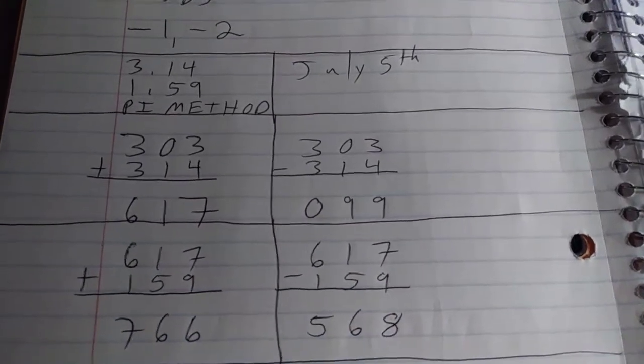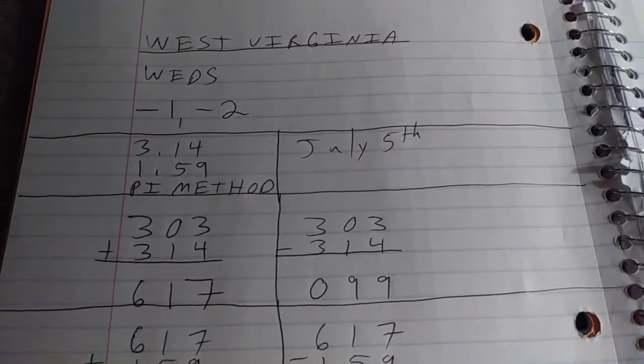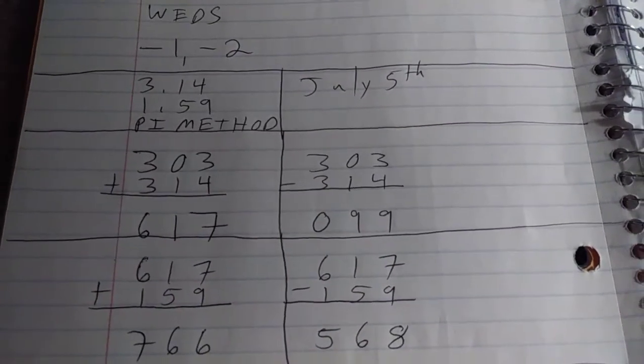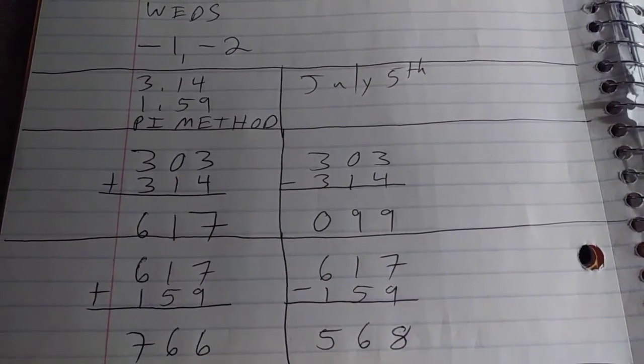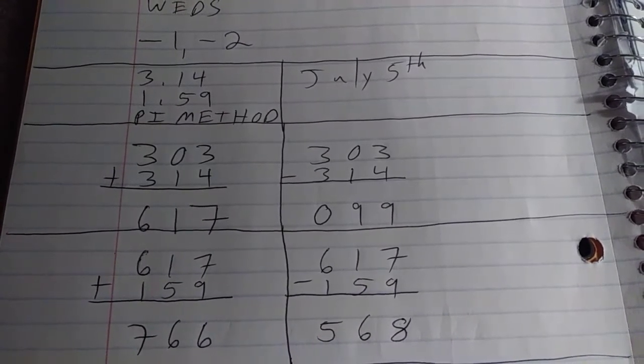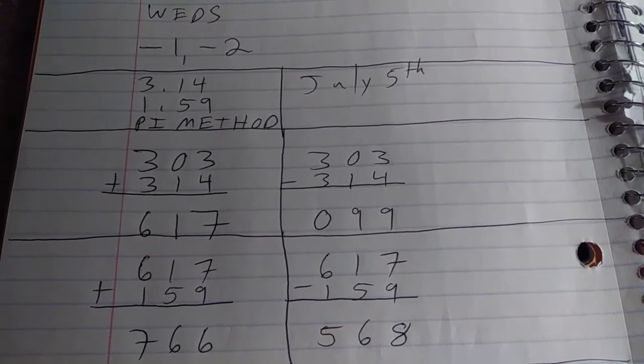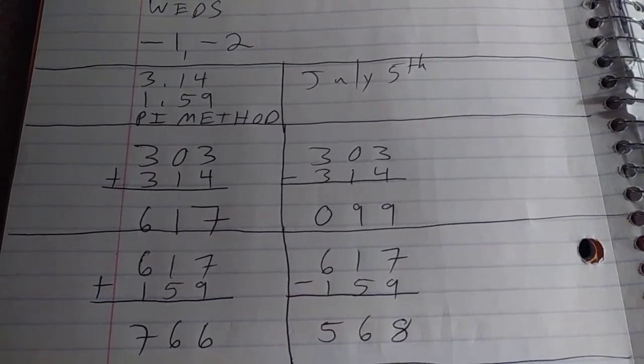On the next one, you just do 617, which you got from right there. 617 plus 159 is 766. The way you got that, you do 7 plus 9, which is 16, but you just keep that 6.